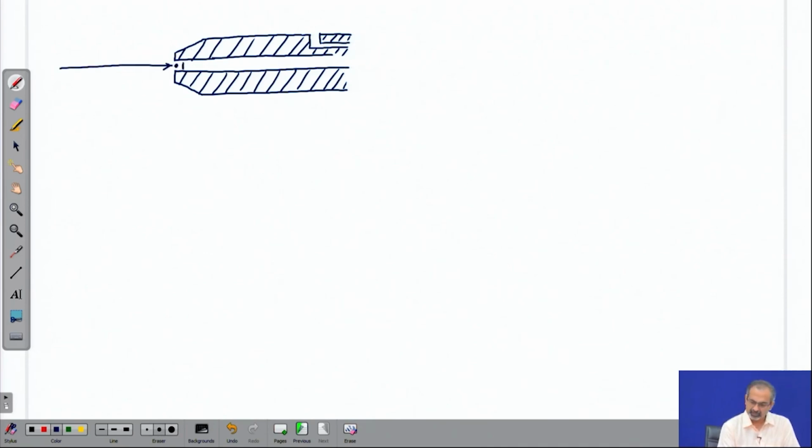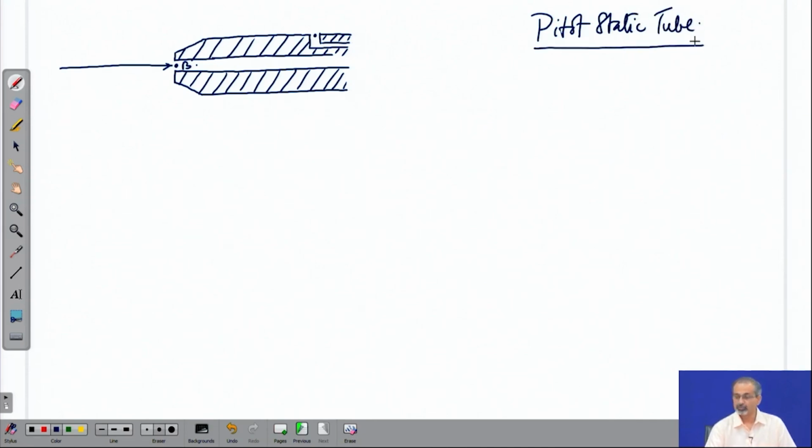Let us mark a few important points in and around the pitot tube. So, we are looking at this experimental device which is called as pitot-static tube. Of course, it has a tubular structure, but it has different orifices.